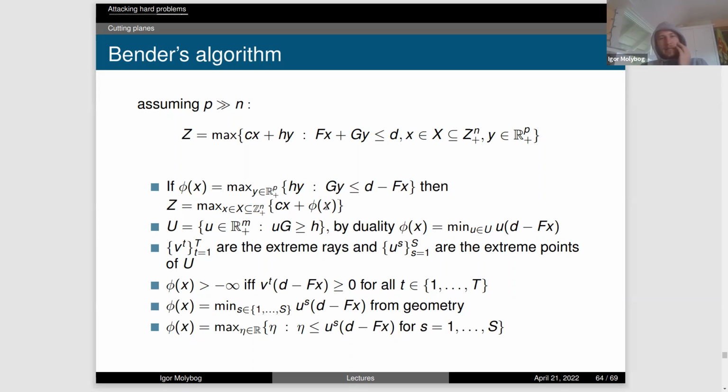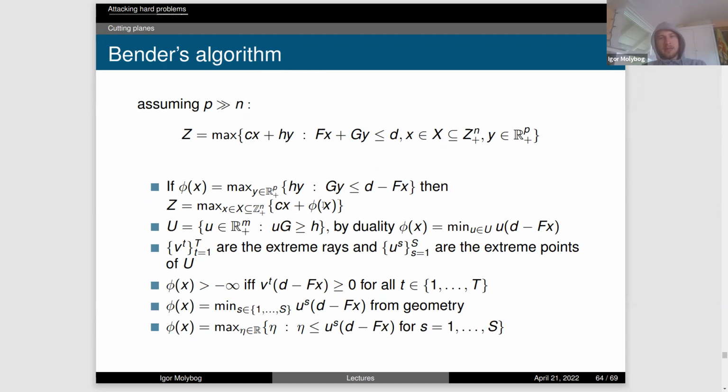Well, we are not restricting the possible set of values of the objective function by replacing this hy with phi of x. If hy can take a particular value, then phi of x can also take the same value under the same value of x under which hy takes its value.